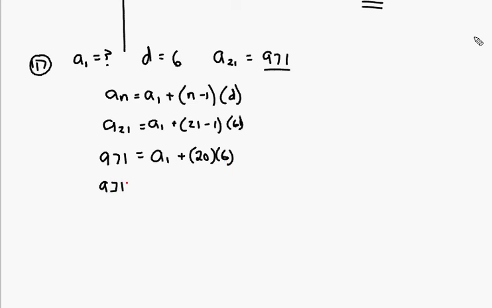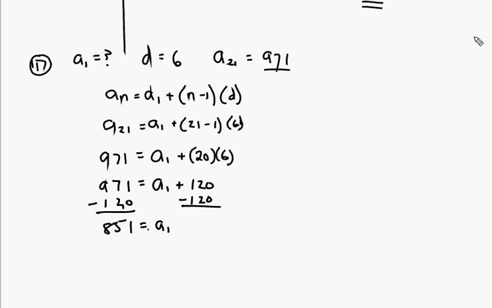So 971 is equal to a sub 1 plus 120. If I subtract 120 from both sides of the equation, then 851 is going to be the value of my first term.